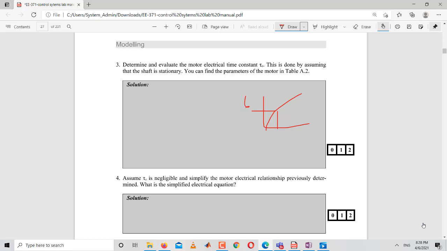So the value of tau at 63% of maximum would be tau e. The relation between tau, resistance and inductance is that tau e can be represented as L over R. This is just a formula. You do not have to derive it.